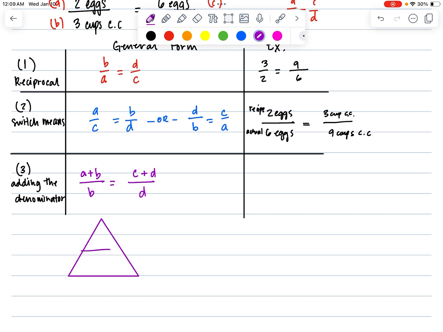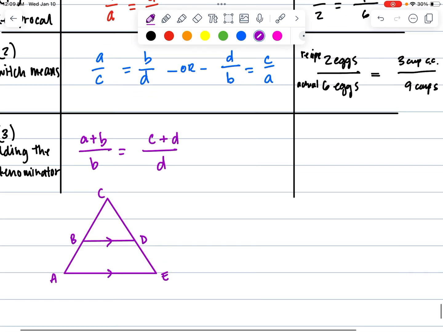Here, we're going to have 2 triangles, and these lines will be parallel. Let's call this A, B, C, D, and E. And the reason why I know that these triangles are going to be, just take my word for it, these triangles are congruent. Triangle, not congruent, similar. Triangle CBD will be similar to triangle CAE. Okay? Meaning these 2 angles are congruent.